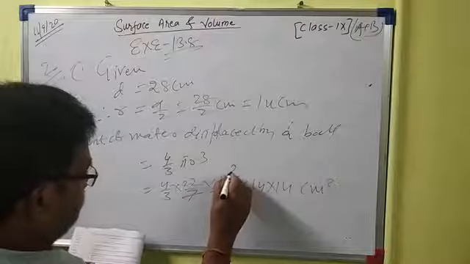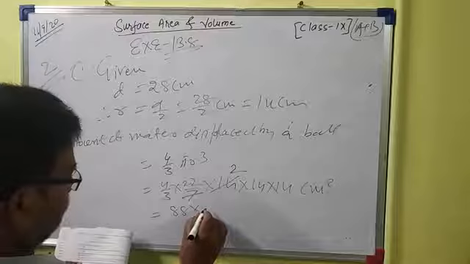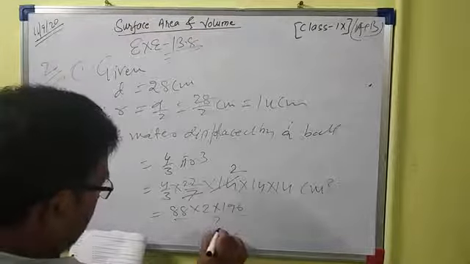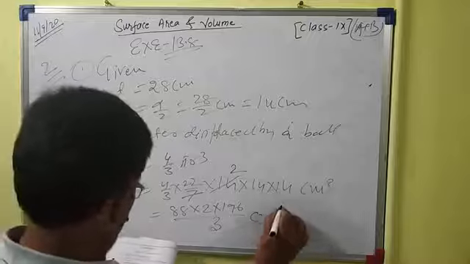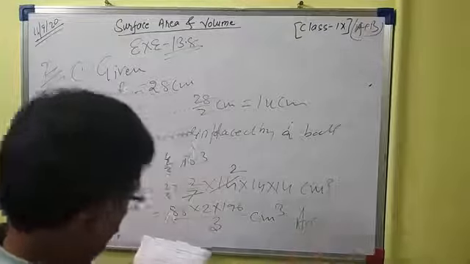This is 88 into 2 into 196 by 3 cm cube. Answer.